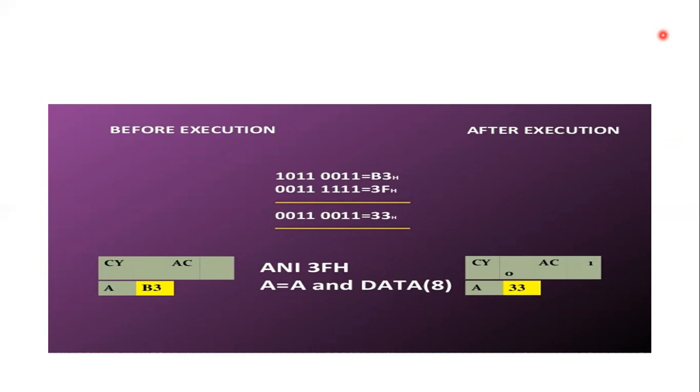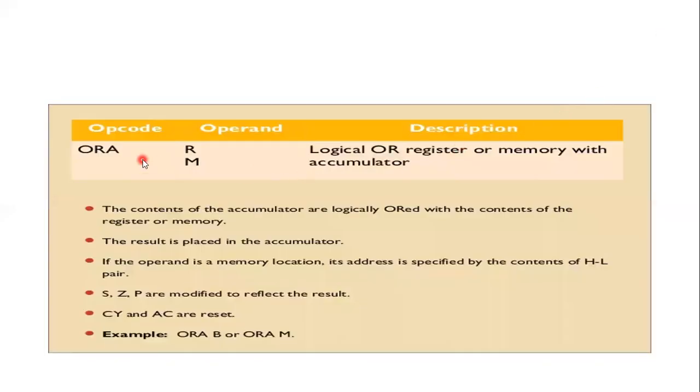The next instruction is ORA, logical OR register or memory with accumulator. So either memory or the register. The content of the accumulator is logically ORed with the content of the register or the memory. The result is placed in the accumulator.